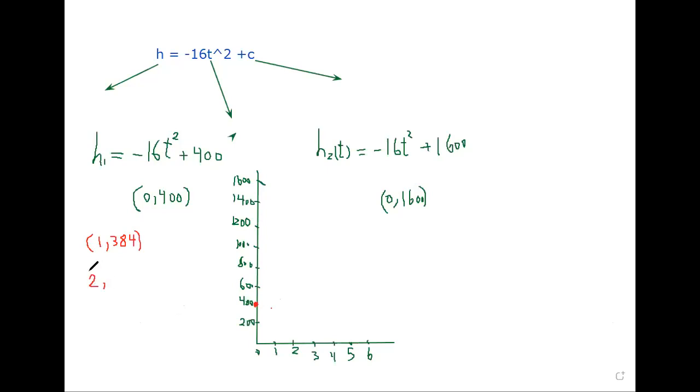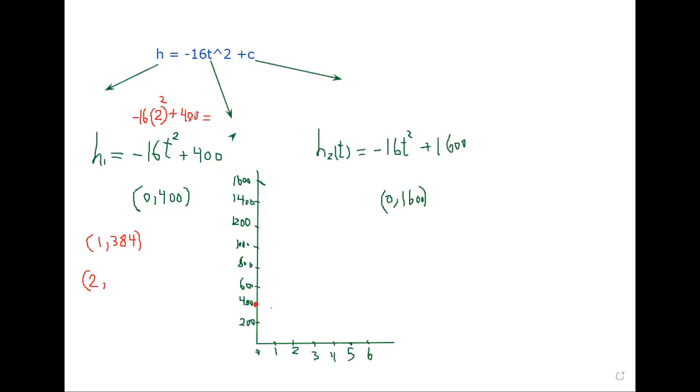It will be 400 minus 32. Listen, it will be negative 16 multiplied by 2 to the power of 2, plus 400. I want all the class to work with me. It will be how many now?